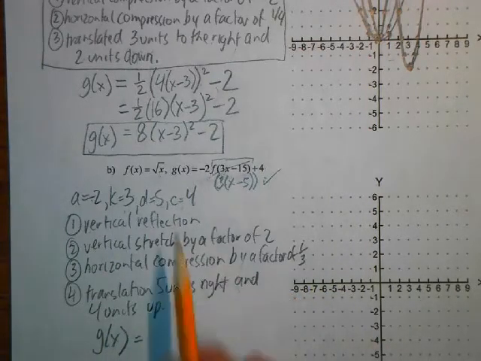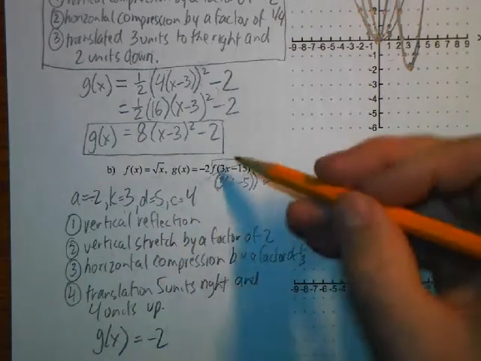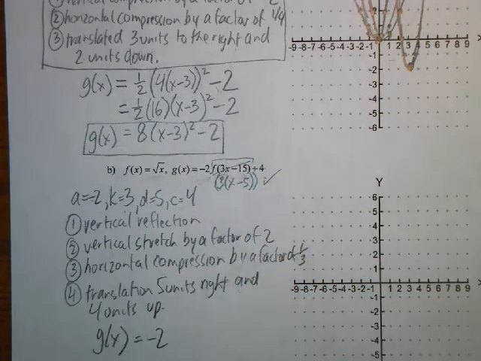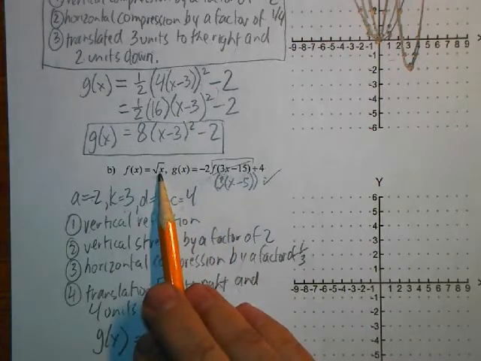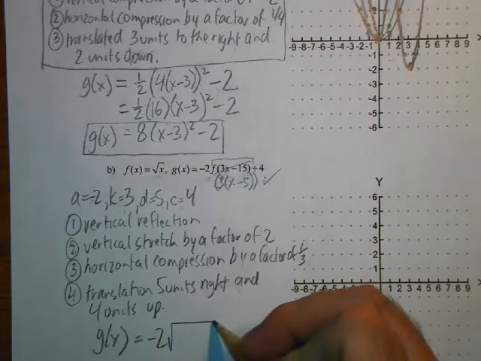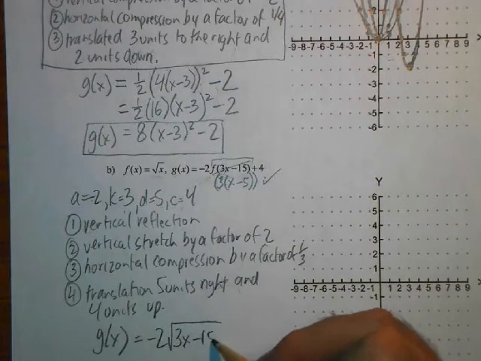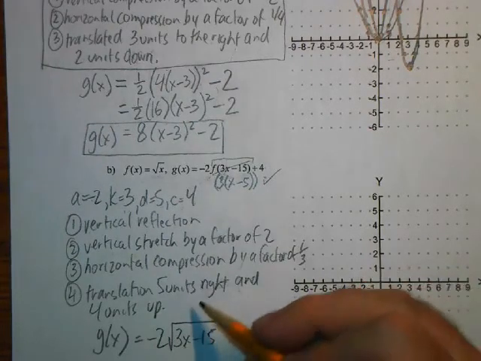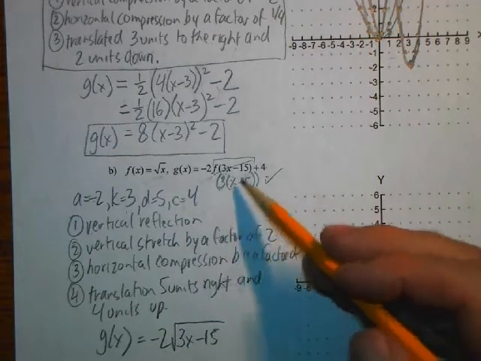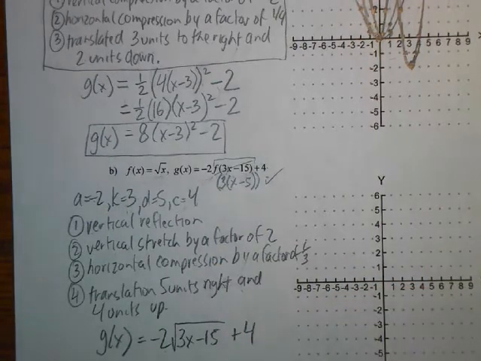Okay, so again, I'm reading left to right, so I start off -2, and now everything inside these brackets here, the 3x minus 15, that's the input. That's what we're square rooting. So here's where I'd write my square root symbol, and everything under there is put under the square root. So we take the square root of that, multiply it by -2, and then we do the last part here, we add 4.